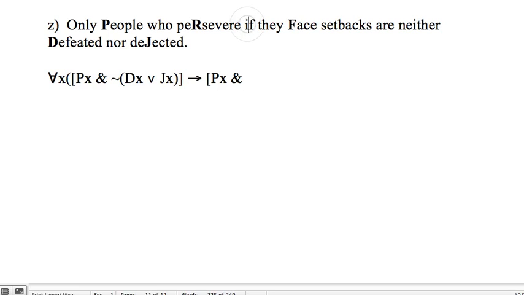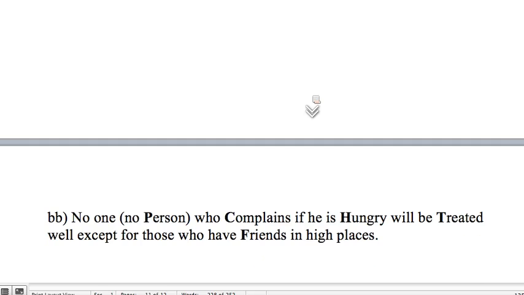The if here tells us that the bit about facing setbacks comes before the arrow. And those people persevere. So that's it. Our subject is people who are neither defeated nor dejected. Our predicate is people who persevere if they face setbacks, and that's our solution.